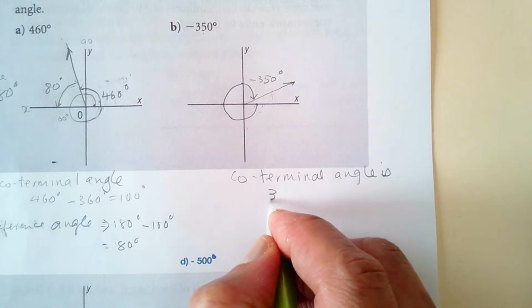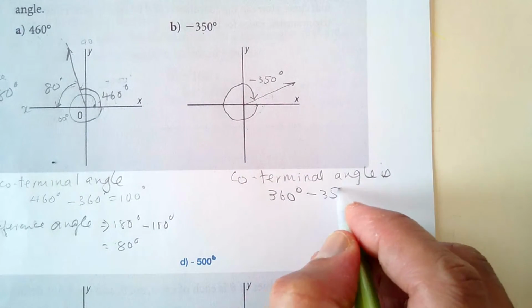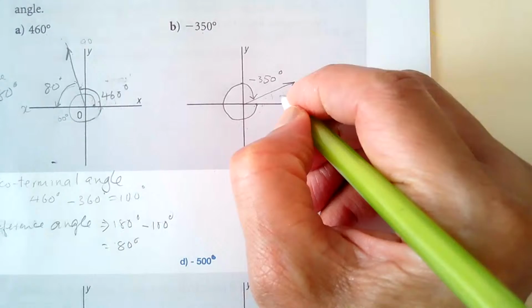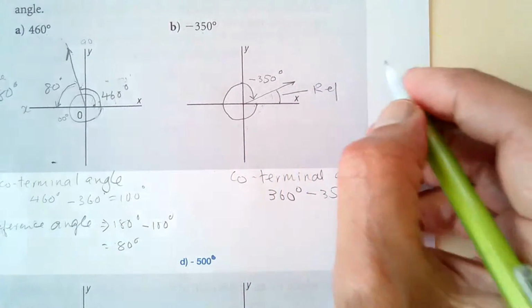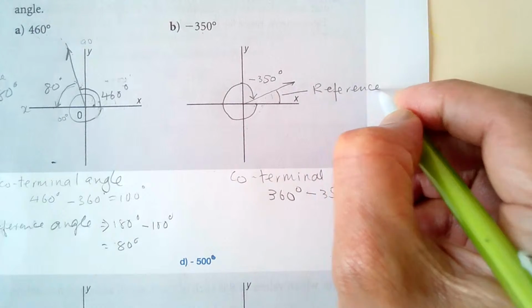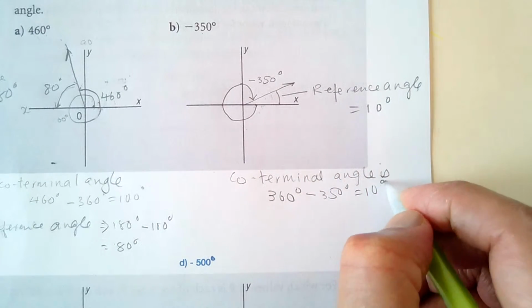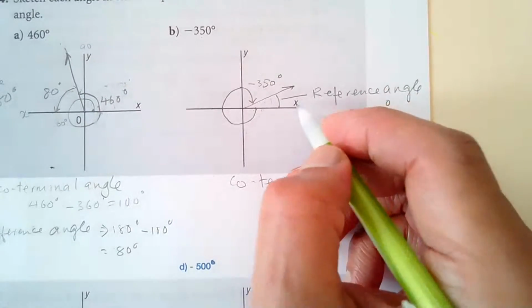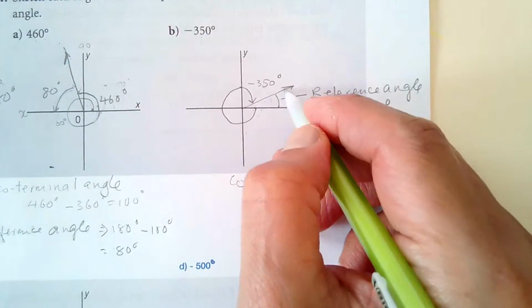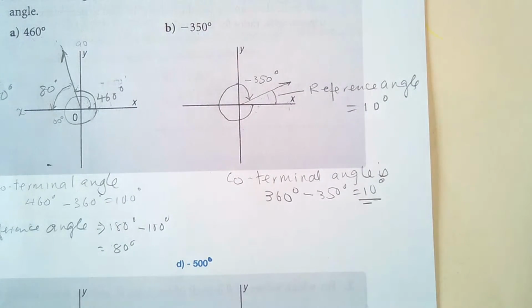So 360 degrees minus 350 degrees equals 10. So this is your reference angle, equal 10 degrees. The coterminal angle is the same as the reference angle. Remember, the reference angle is always from your x-axis to the terminal arm, and it has to be less than 90 degrees.